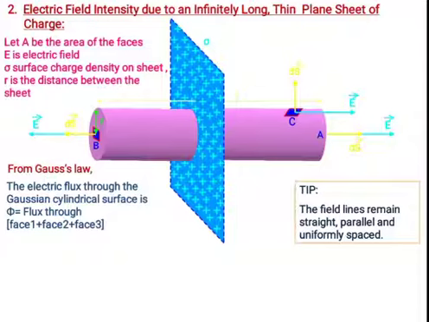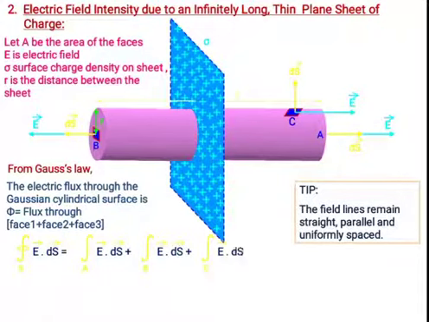Now from Gauss law, what electric flux is we already discussed. Here I derived the derivation using the integration method. You can solve the same derivation using a different method. Integration is a very simple method to understand all these concepts.